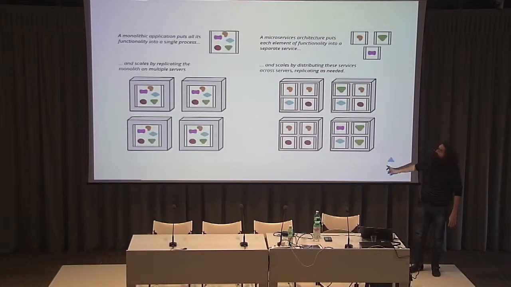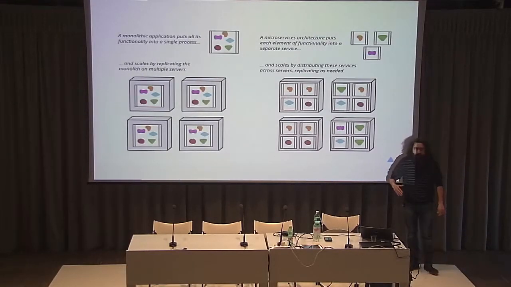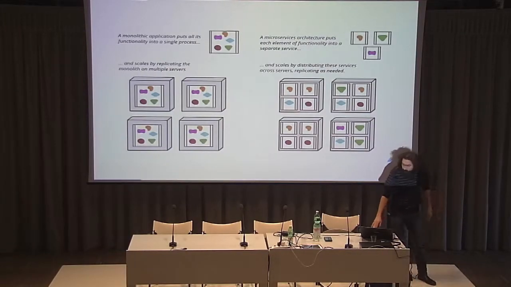With microservices, I have a single box for every microservice. That means I can scale each microservice differently. Each functionality can be scaled in a different way. I can replicate a microservice that is under heavy load and not something else. And this is very useful for scaling.